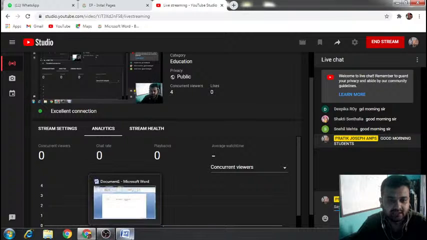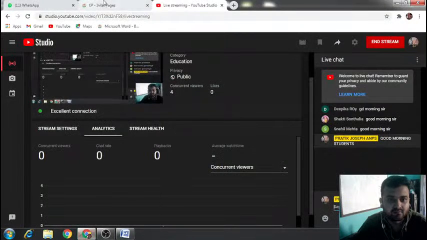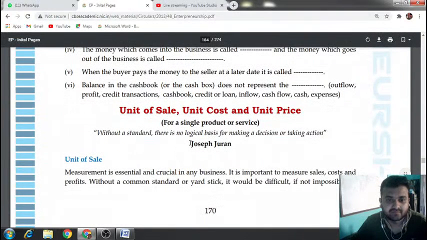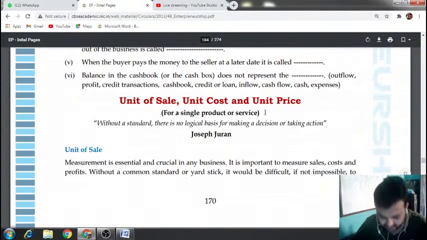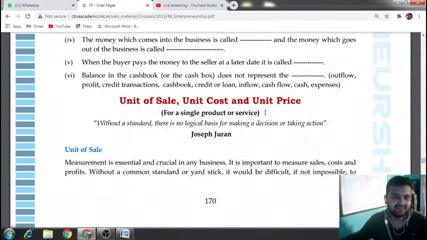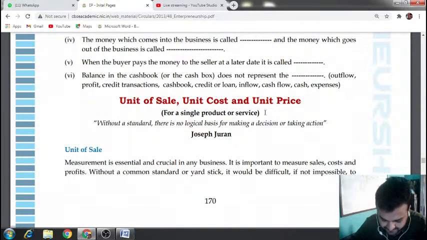Okay, so today we will be starting with business arithmetic. This is the 6th chapter, business arithmetic, and the 7th chapter, resource mobilization, is not going to come.